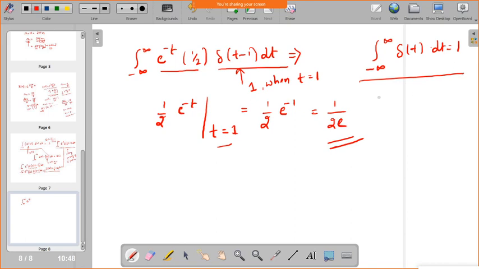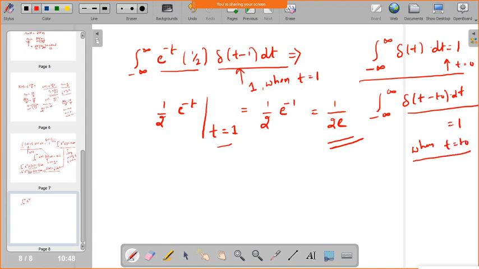And in a similar way, if you have a shifted version, that is del of t minus t naught into dt. This is only when t equal to 0, and here this function will be equal to 1 when t equal to t naught.